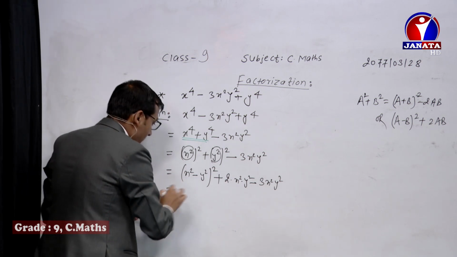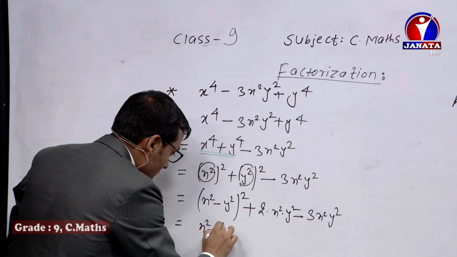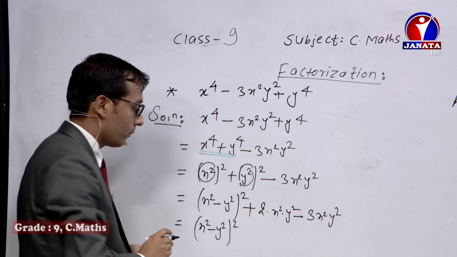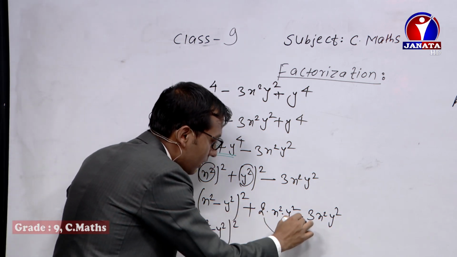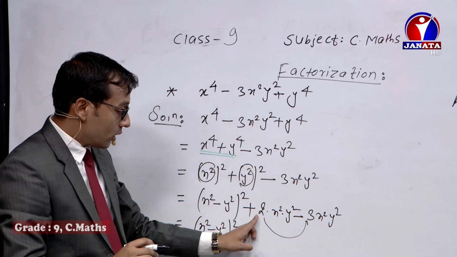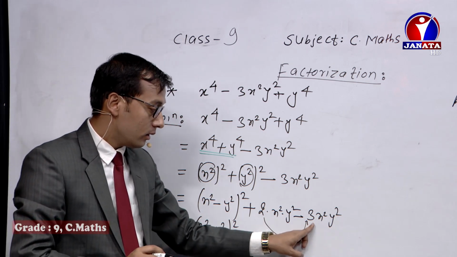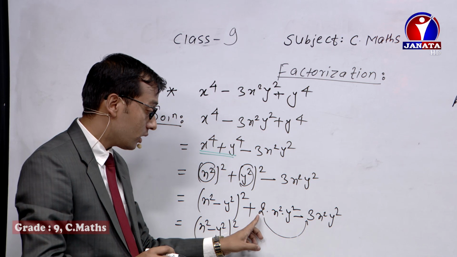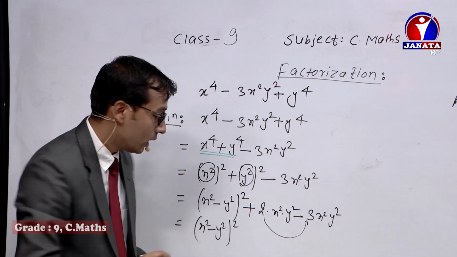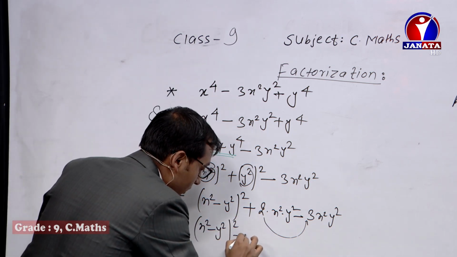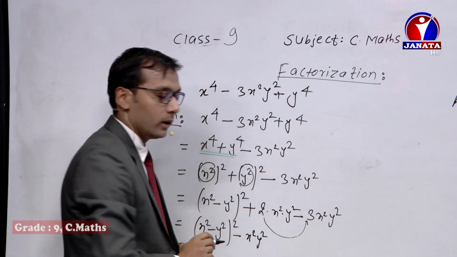So it gives x square minus y square whole square. Now if we add 2x square y square to negative 3x square y square, what is 2 minus 3? It's minus 1. So minus x square y square.